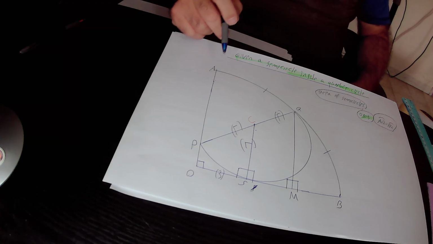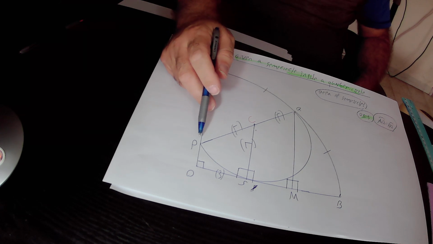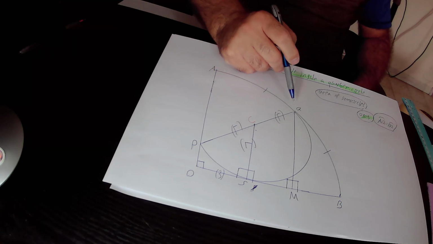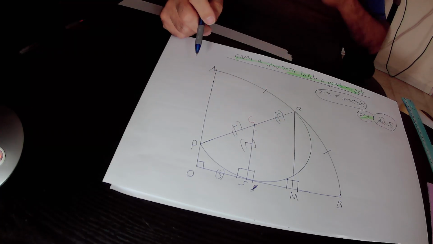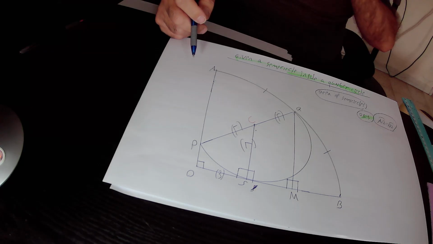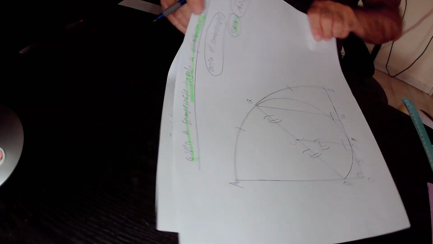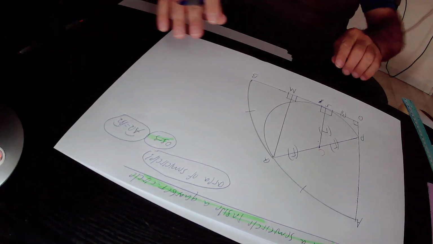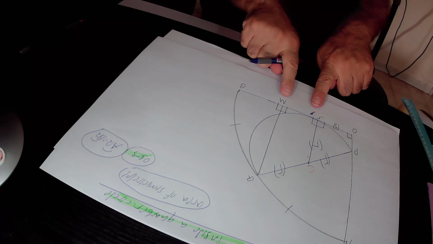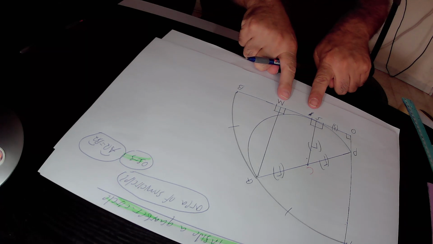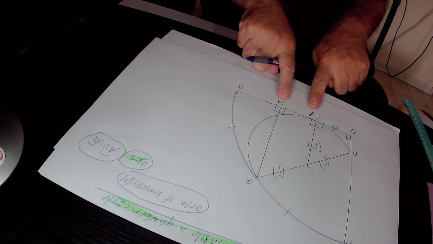So we have here three line segments: PO, CS, and QM. Those two angles equal 90 degrees plus 90 degrees, that is 180 degrees.